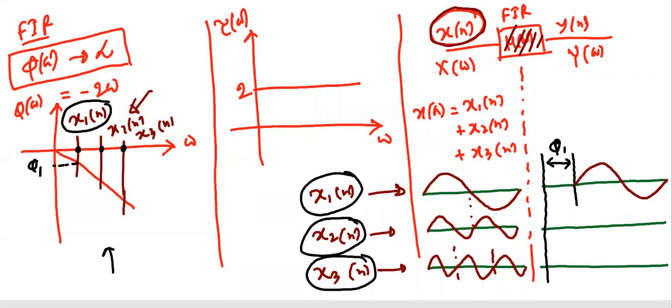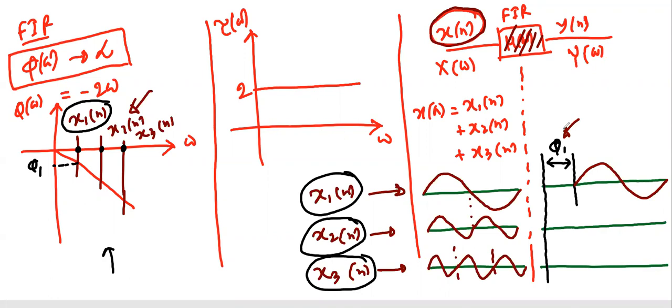So this is our x1[n]. It is passed through the filter, however it makes some delay of phi 1. What does this phi 1 represent? It represents the phase of x1[n]. That is very significant.